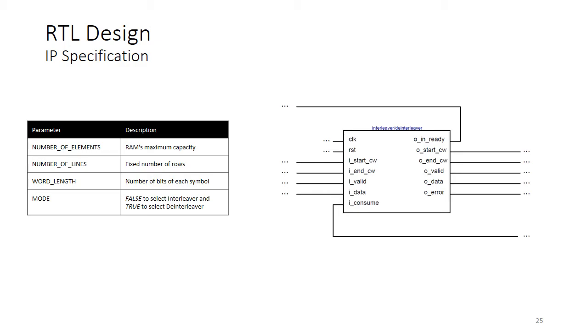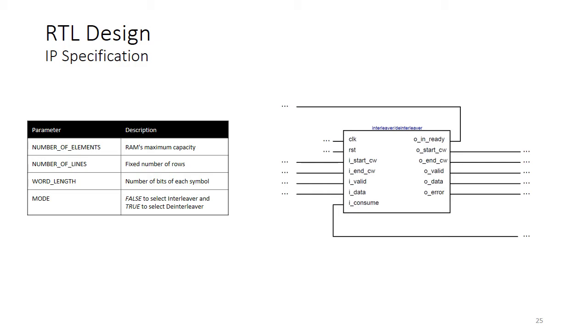For inputs, we have clock and reset pins, i_start_codeword that indicates the start of a frame, i_end_codeword that indicates its end, i_valid that informs the validity of input data, i_data, which is the serial input data port, and i_consume, which is a signal that indicates that the block which consumes the output data is ready to receive all data.